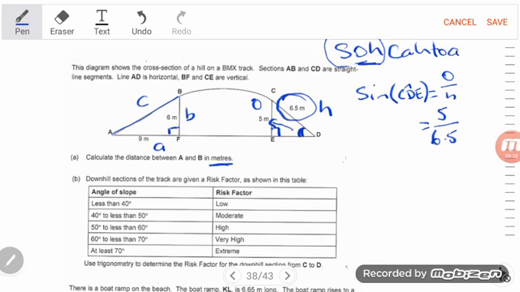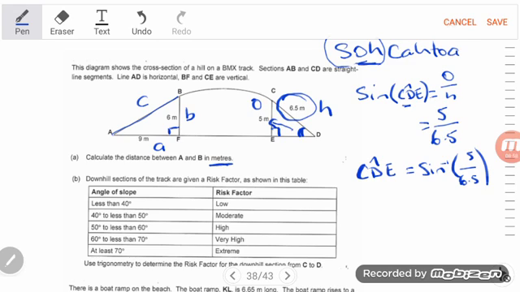So remember, to find the angle, we must do an inverse sine function. So, angle CDE is equal to inverse sine of 5 over 6.5.